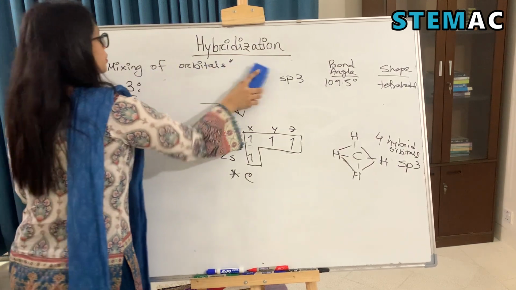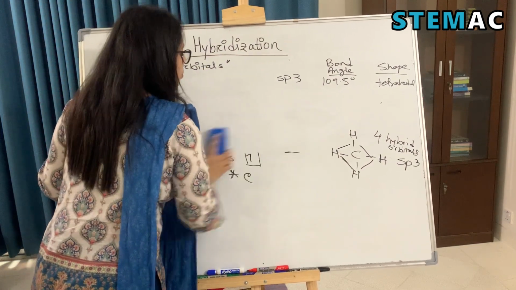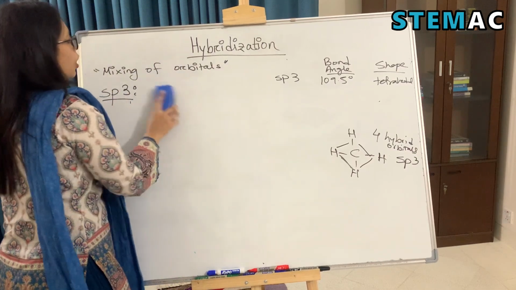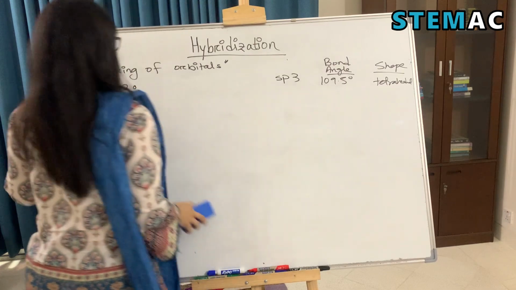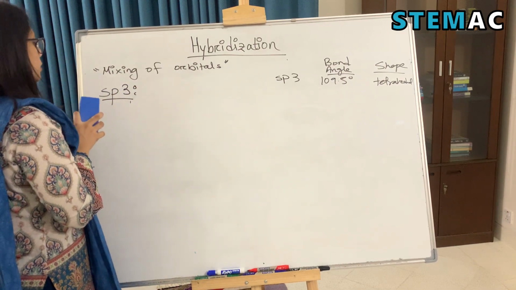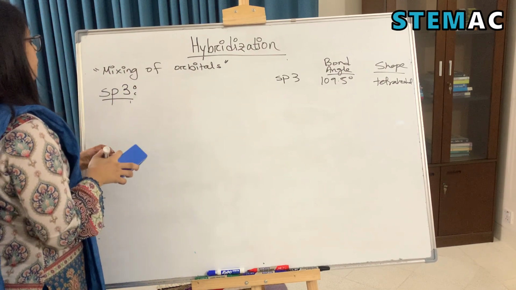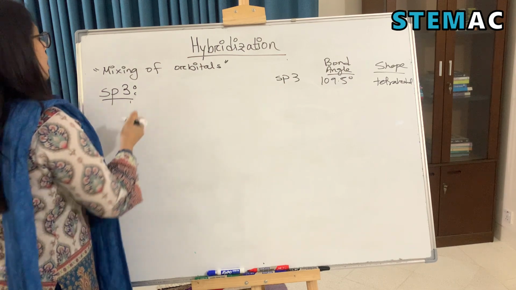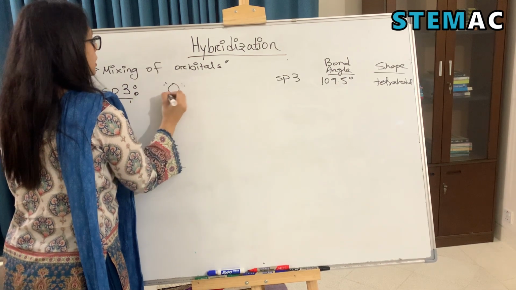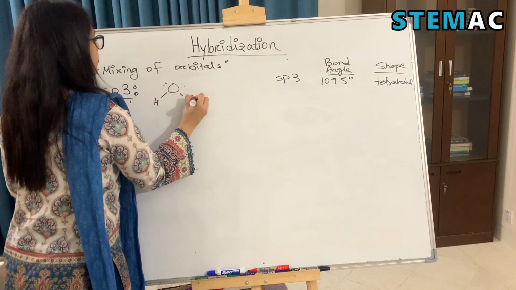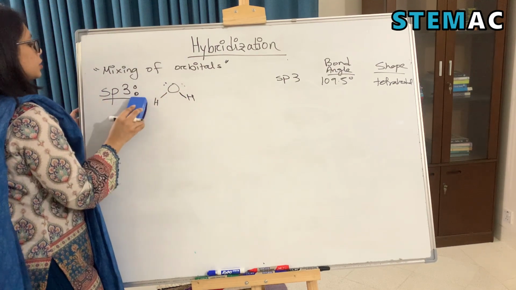Most of you get confused when it comes to water, and you are asked to find out the hybridization of water. So let's talk about water. In water, the central atom is oxygen. So what happens in water? This is how water looks, right? The central atom is oxygen.